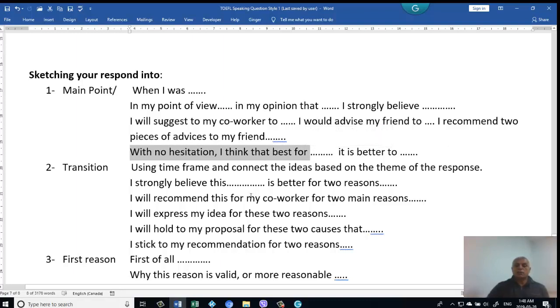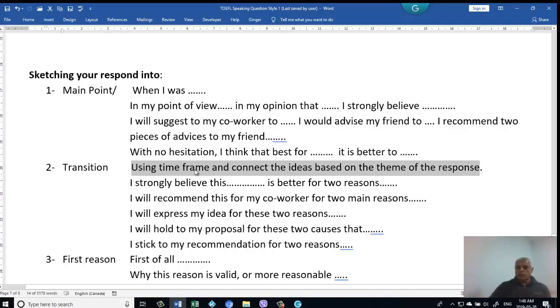Then sometimes it's better to use some transitions, using a time frame and connecting the ideas based on the theme of the response. For example, if it's in the past, if you're talking about something that happened before, we use the past. If you're talking about the future, then you use the future tense. If it regularly happens or is a habit, then we use the present simple.